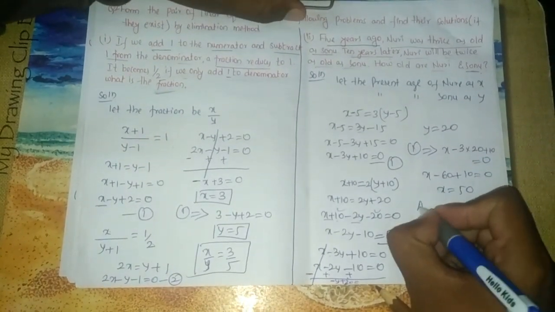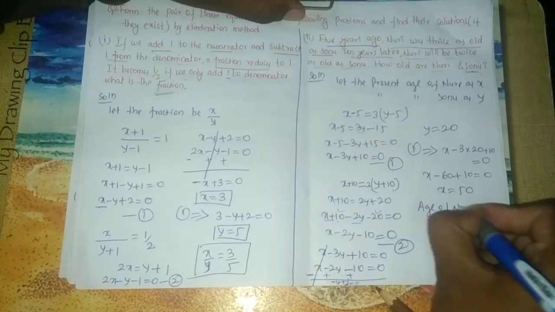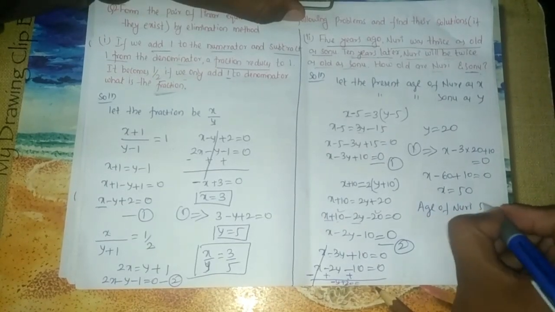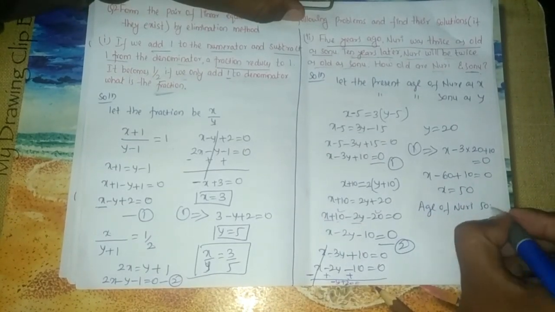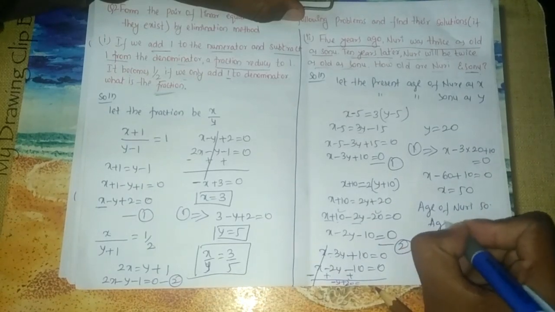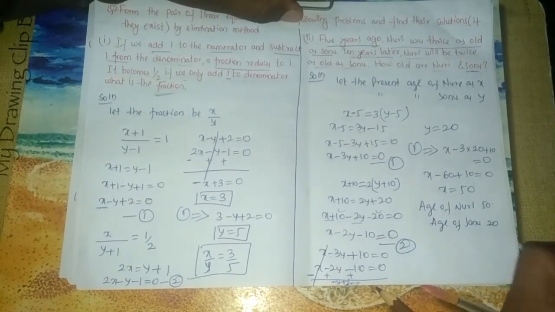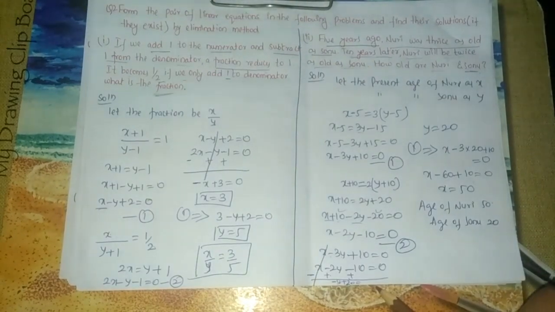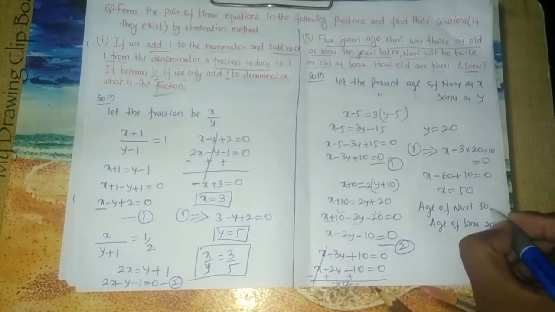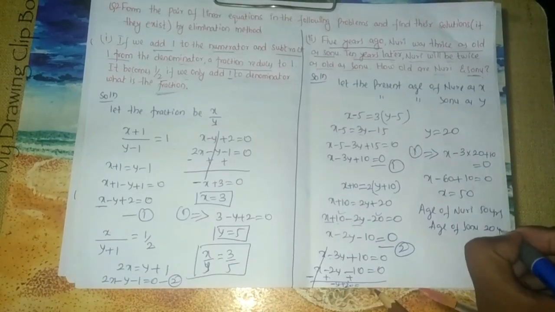So the age of Nuri will be 50 and age of Sonu will be 20. 20 years and 50 years.